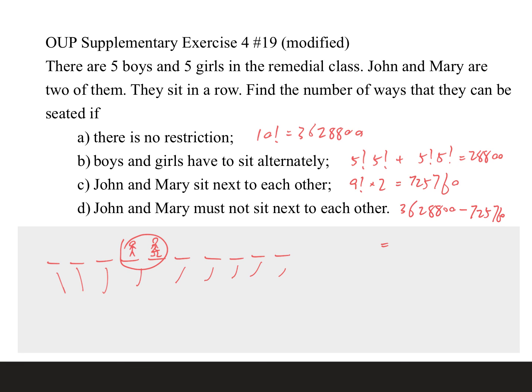Well, just use our calculator. So what does the calculator give us? So it is equal to minus this one. The calculator gives us this answer, right? 2903040. Okay, to get the same answer? Yeah, should be. Okay, so that is it.